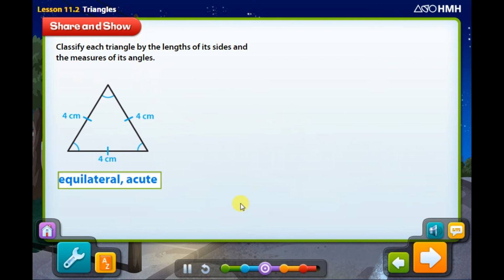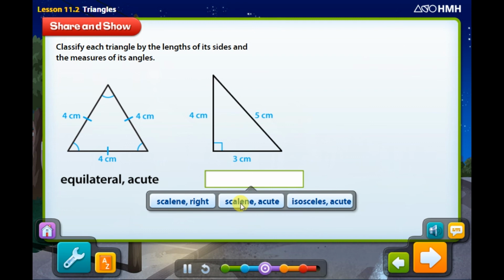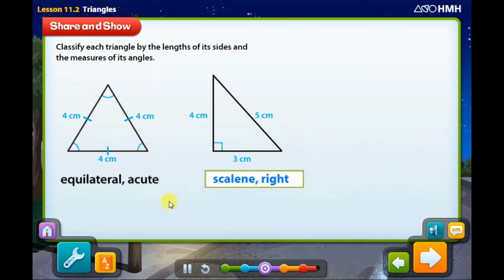That's right. Let's try another problem. How would you classify this triangle? None of its sides are equal, so this is called scalene. And it has one right angle, so it is a right triangle. So it is a scalene right triangle. That's right.